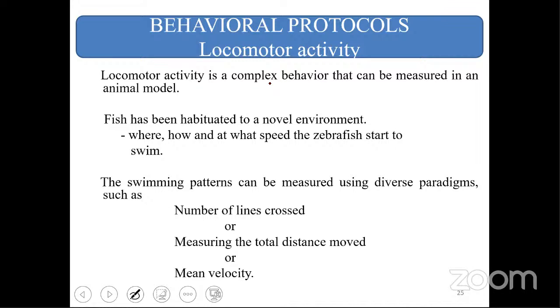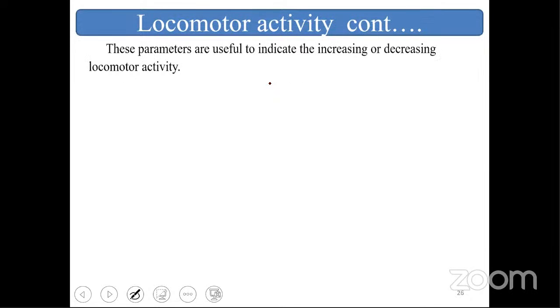So we draw lines, square or horizontal, whatever it depends on us, up and down as well as left and right side. We monitor with the help of a camera, and also a microscope, how many lines the animal crosses before and after adding the drug. This is what we perform for locomotor activity.